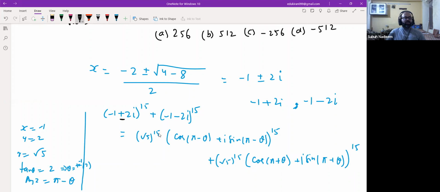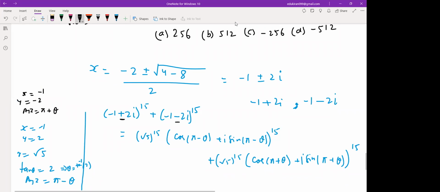So that was in the second quadrant, and this is minus 2i, so it is in the third quadrant. In the third quadrant, if x is equal to minus 1, y is equal to minus 2, then the argument will be pi plus theta. Theta is the same, tan inverse 2. Are you getting this? Yes, sir.